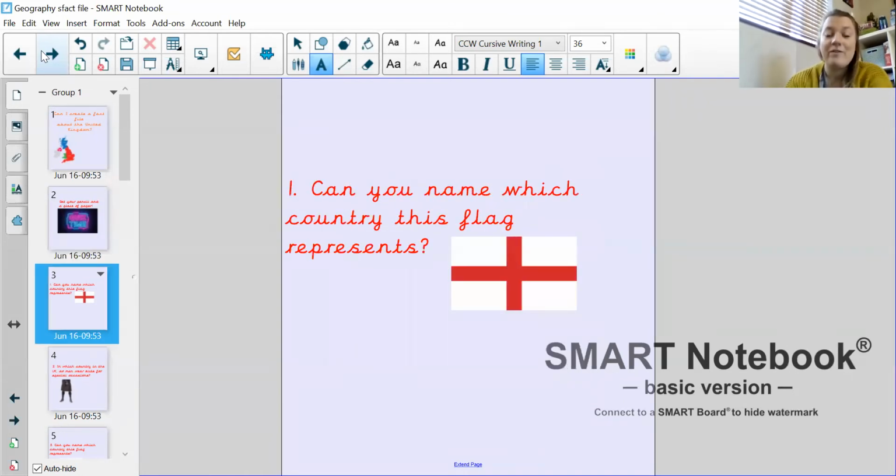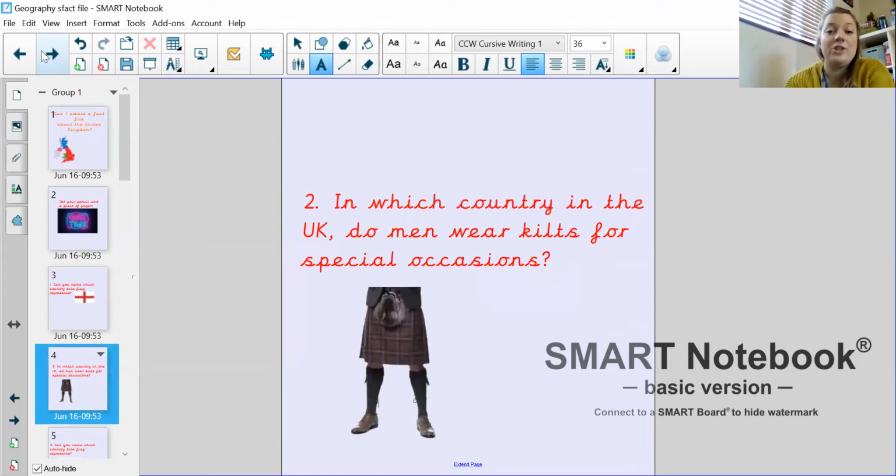Okay, so the first question, number 1, is, can you name the country that this flag belongs to or represents? Pause if you need to. Question 2.